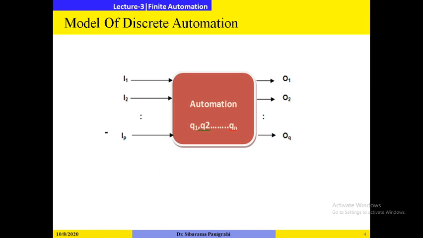So next, the model of a discrete automaton. The discrete automaton takes some input, which I have already shown you in the previous example. Then the automaton may be in some state: Q0, Q1, QF. You can also represent them with other symbols, no problem. Usually the states are represented through the symbol Q. It produces some output, which may be one output or more than one output.